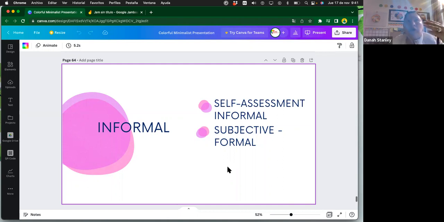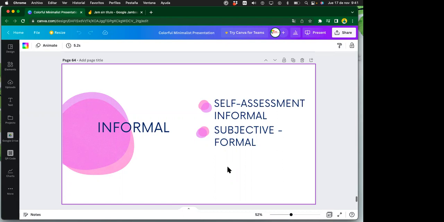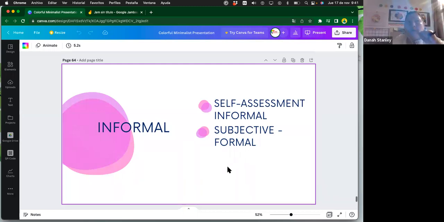For example, teacher, in your case, what aspects do you consider are very important at the moment of evaluating writing? Grammar, that would be one. Spelling. Organizing ideas and paragraphs also. Okay.